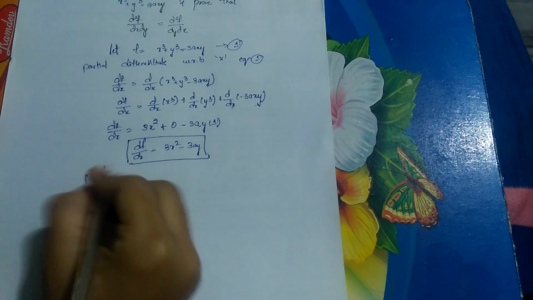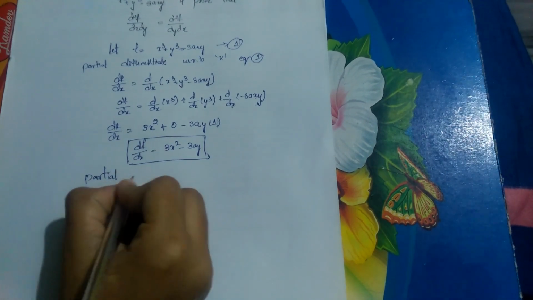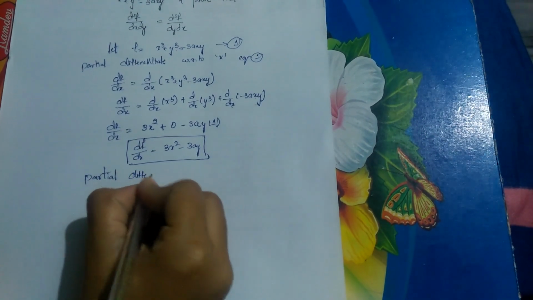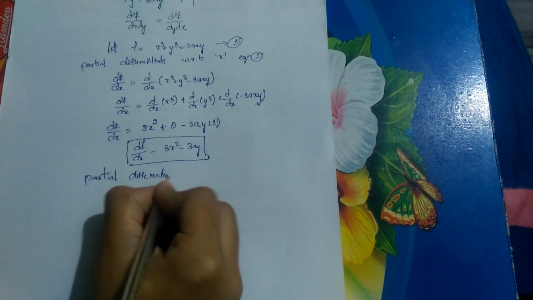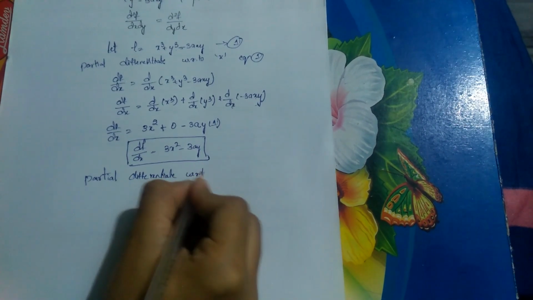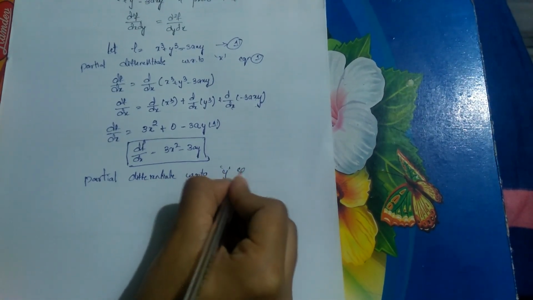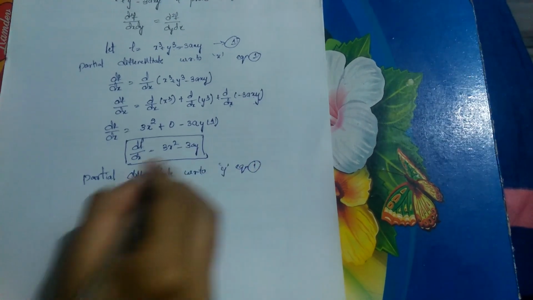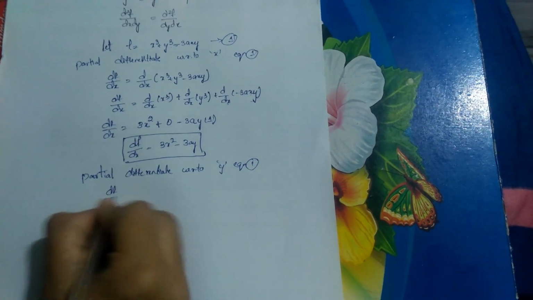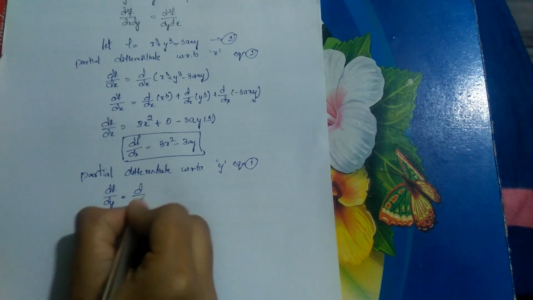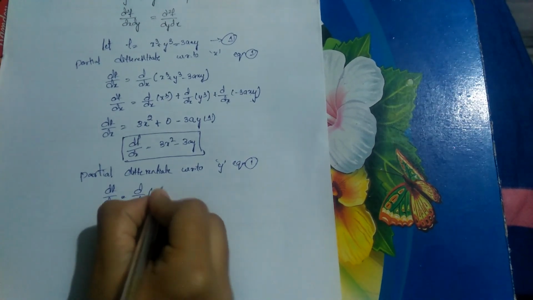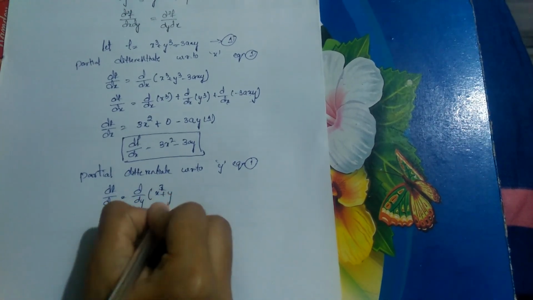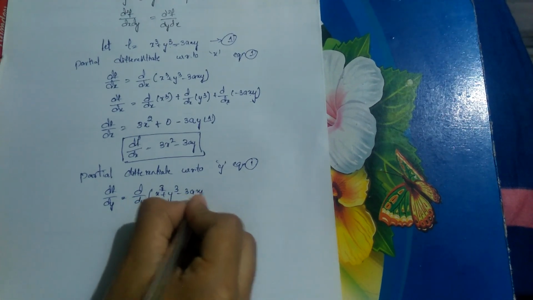Now partial differentiate with respect to y of equation 1. Then dou f by dou y is equals to dou by dou y of x cube plus y cube minus 3axy.